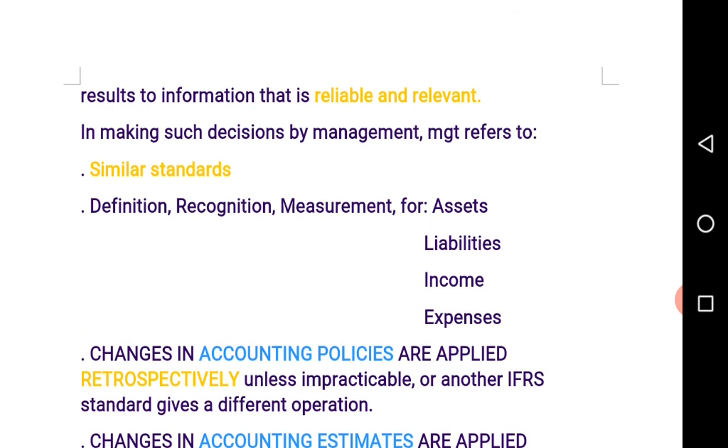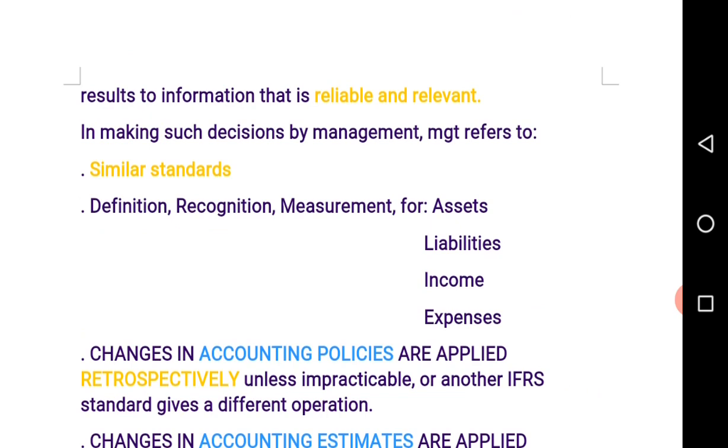So if it is not already taken care of by IFRS, the management is free to set its own principle, but the presentation must be reliable and relevant. The information must be reliable and relevant.